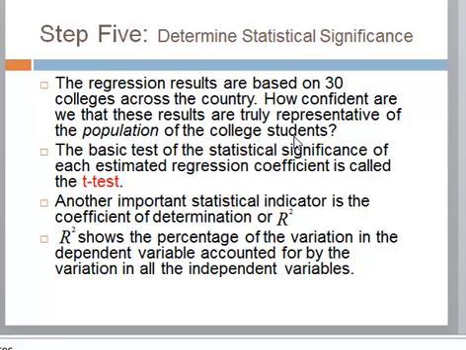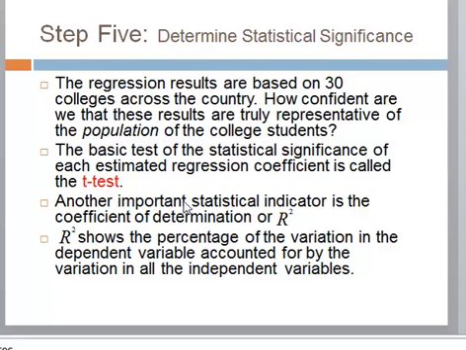We use a statistical method to evaluate individual regression coefficients to see if a coefficient matters for the whole population or just for the sample. The basic test of statistical significance of each estimated regression coefficient is called the t-test.